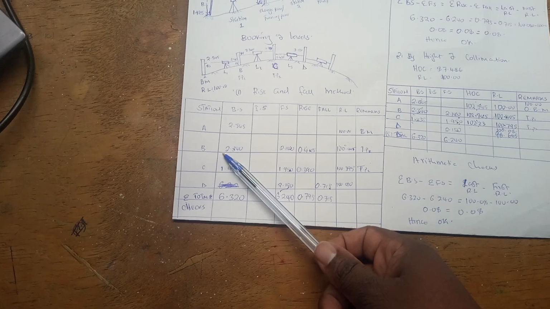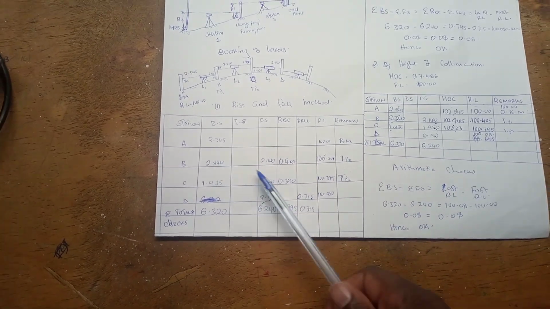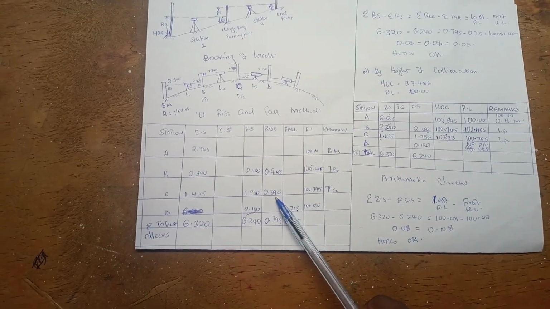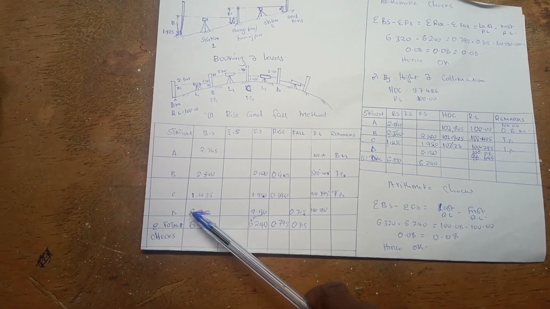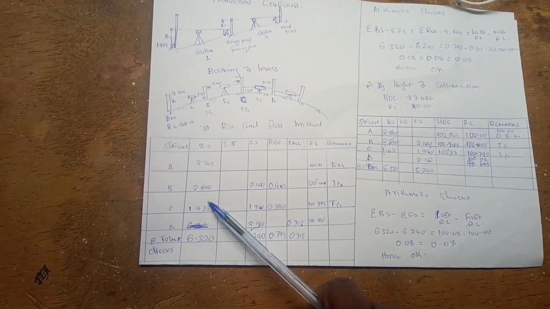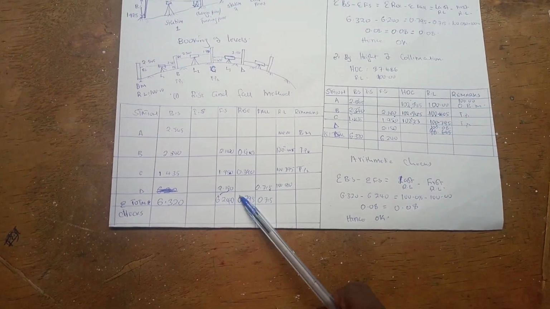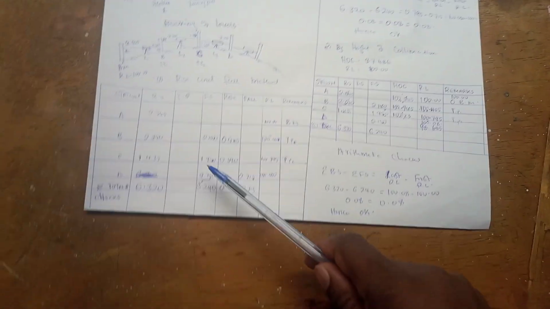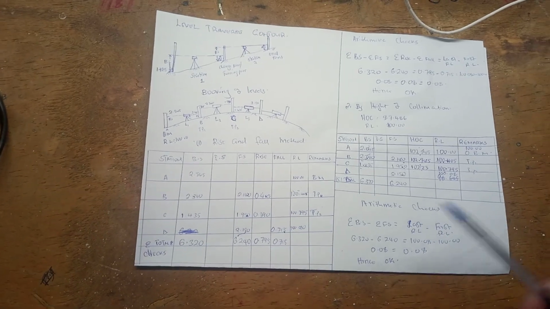Then at point B, I took my backsight, I subtracted my foresight, and that also became a rise. Then at point D, I took my backsight and subtracted the foresight. As you can see by the look of the values, you can tell that that was a fall.